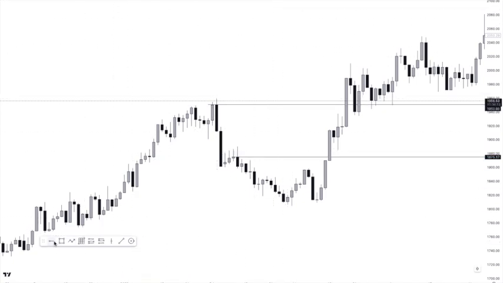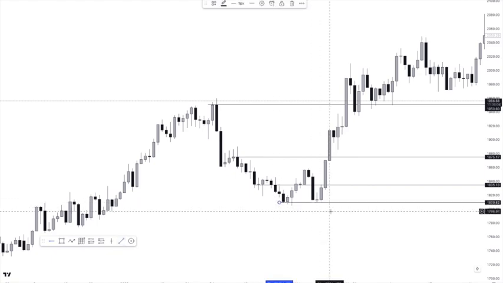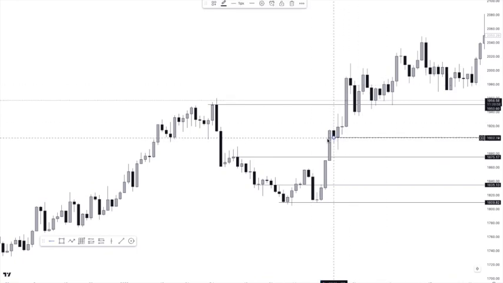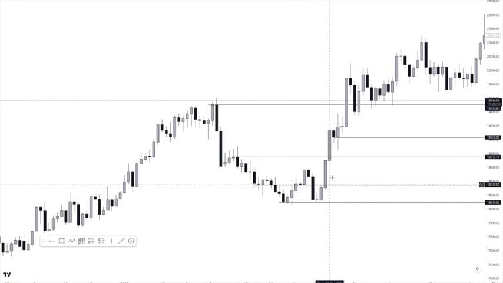Okay, I have here this area, and we have this area. This is a pause in the market, a pause in this up movement.